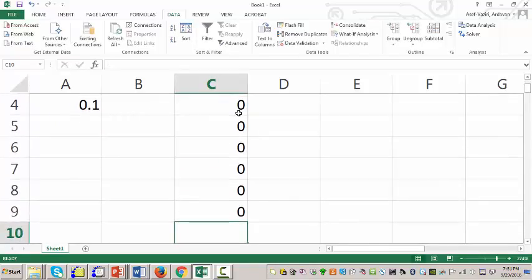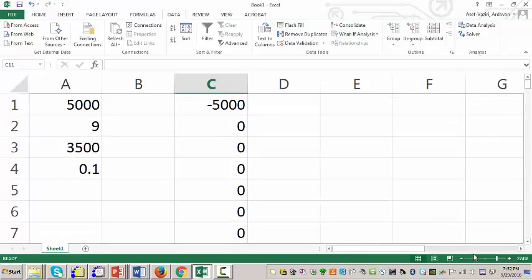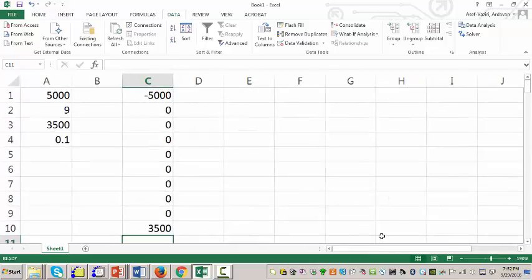In those years, we neither get any cash inflow nor put down any cash outflow, but at the end of year 9, we collect $3,500. We want to know what is the average rate of return in this investment. On average, what percentage per year have we collected, or indeed in this case have we lost?